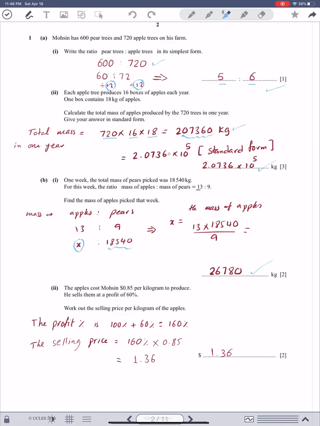Since the profit is 60%, he sold it at 60% profit. We add it to the original one, which is 100%. So the selling percentage is 160%. You just multiply this by the cost price. You get the answer, $1.36.